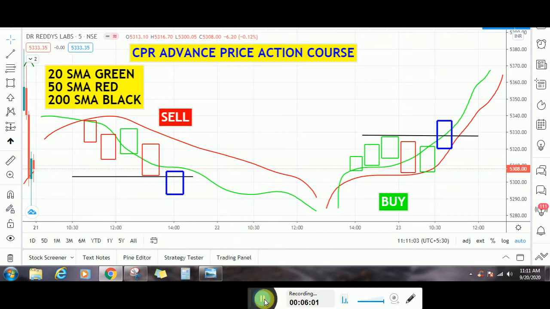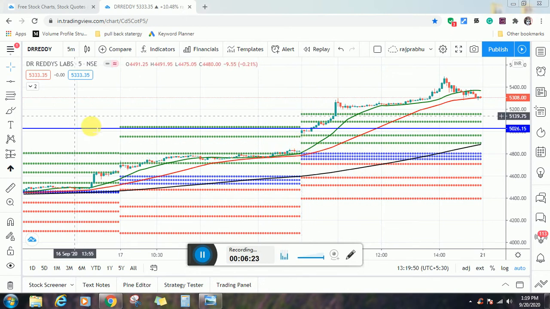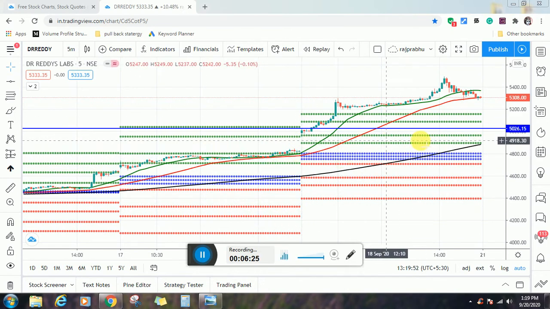I'm going to the live chart. See this chart, I will give some examples. Here I am using some lines, but the CPR will be confusing, so I am removing these CPR lines for a clear picture. To view a clear picture, I am removing this CPR indicator.